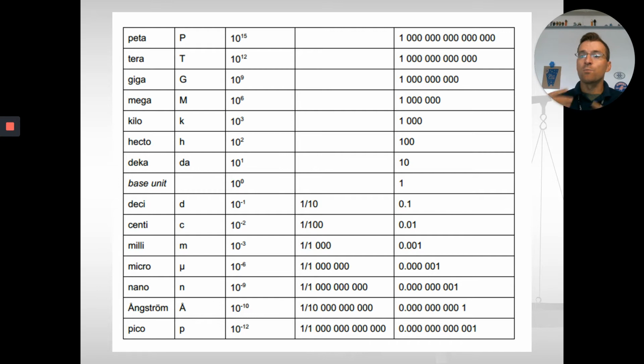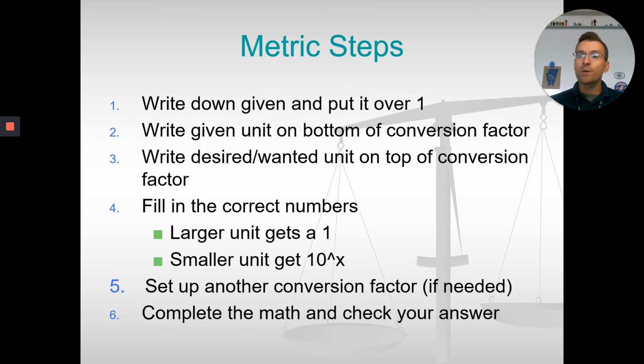So the larger, the more positive exponent prefix is going to get a 1 next to it. And our smaller unit, that's going to be our prefix that's smaller, that's more negative, is going to get 10 raised to the x. And we'll talk about what that x is here in a second. Because basically what we're going to do in our conversion factor is set up that ratio, so one of our larger units is going to equal 10 raised to the correct number of our smaller units.